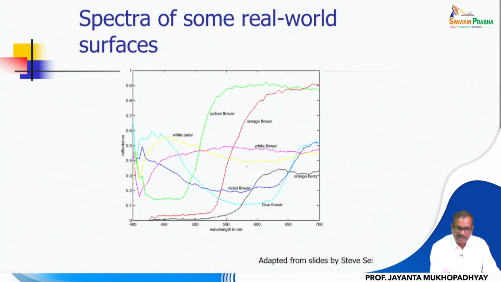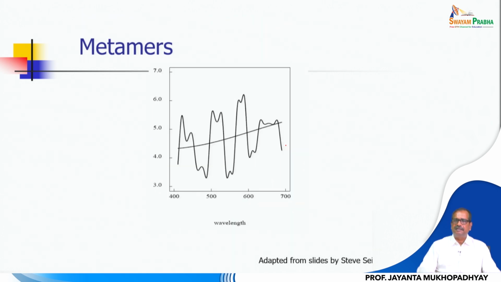So for example, take the signal received from a white petal and the signal received from a white flower. You can see the spectral power distributions are quite distinct, but still we see them as white. So they are examples of metamers, right? And this is also another interesting theoretical way of justifying how metamers could occur.